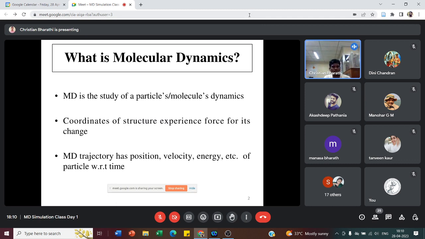In that trajectory, we have the information of position, that is coordinates, and velocity, changes, and energy of that conformation, and many parameters are there in the trajectory, with respect to time.